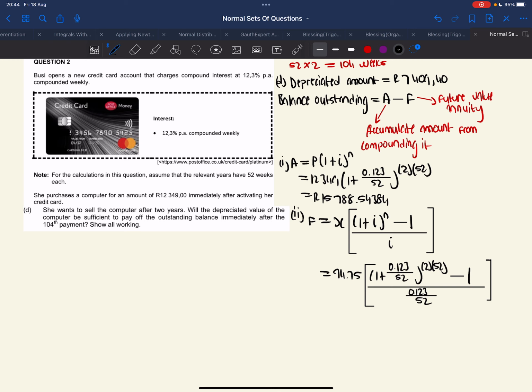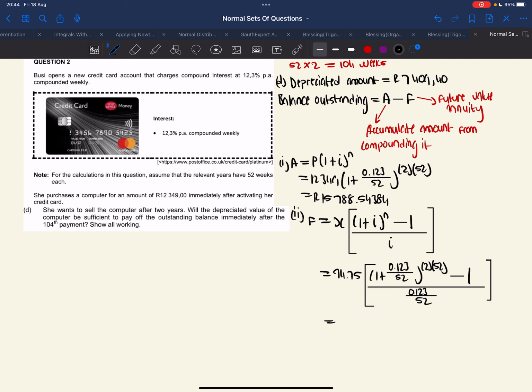Then we're gonna get 94.75 times ((1 plus 0.123 over 52) to the power of 2 times 52 minus 1) over 0.123 over 52.